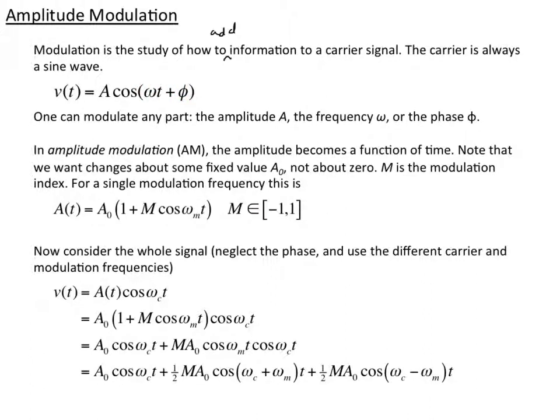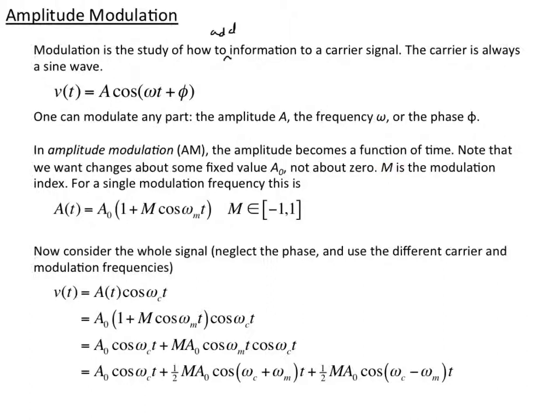Here we're first going to talk about amplitude modulation. And so the amplitude itself becomes a function of time. And we want to change the amplitude about some fixed value A0, not about 0. And M is therefore going to be our modulation index.